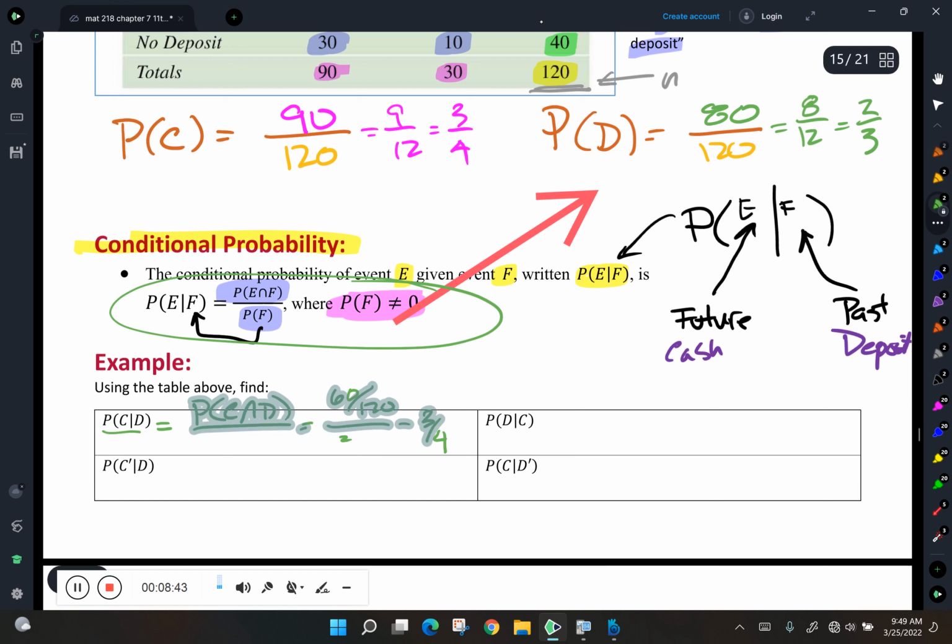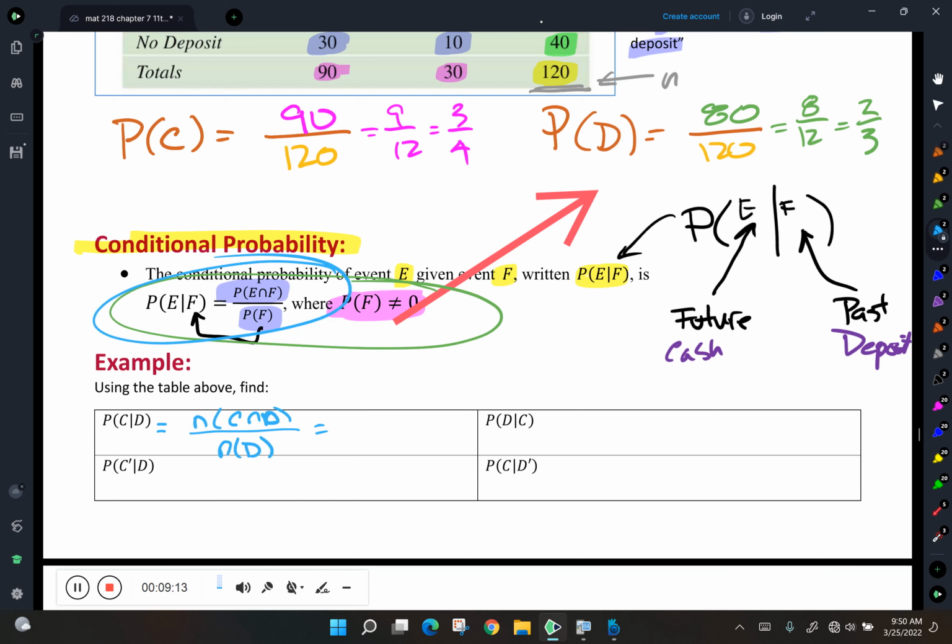And I'm going to say there's a different way, not a better way, not a right or more correct way, but just a different way to solve this problem is to use numerical values. The number in the intersection of C and D, just divided by the number in D. Because I have data, because I have numbers, I can do it this way as well. I have to use the probability formula if I only have probabilities, but I can use this formula, the one I'm looking at here, if I have numerical values.